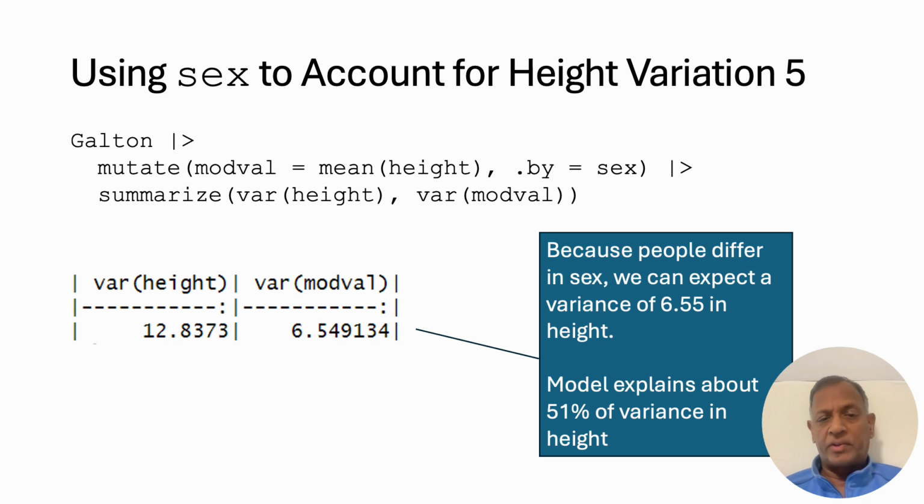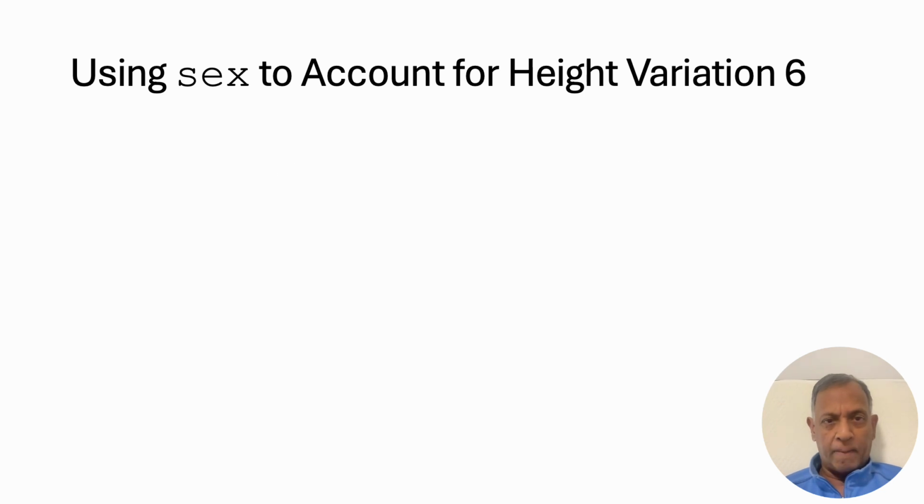It's 12.84. So the model explains about 51% of the variance in height. 51% means 6.55 divided by 12.84. So the sex or the model accounts for about half of the variance in the heights. The other half is not explained. We probably have to bring in other variables to explain that.